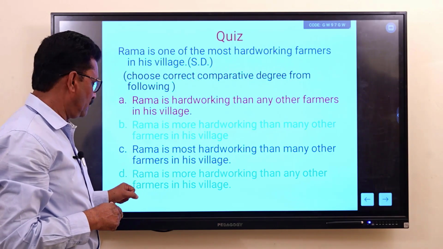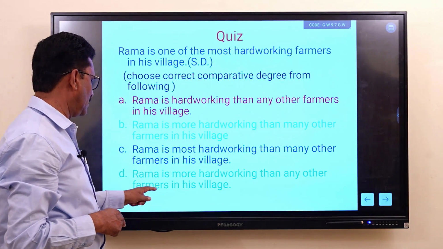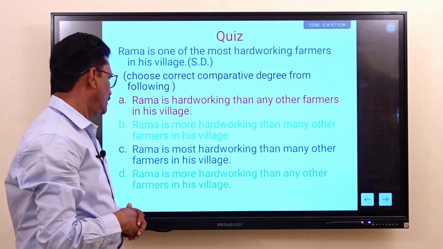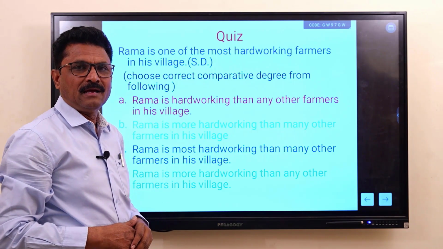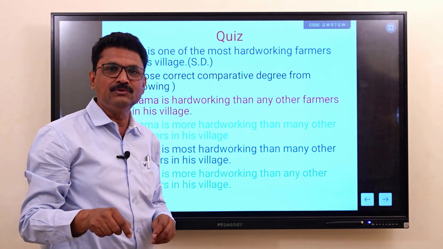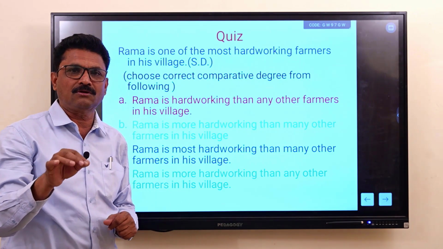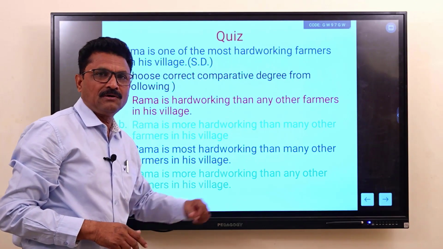So D option, look here. Rama is more hardworking than any other farmers in his village. So than any other. So here is one of the phrase. And if there is one of the phrase in a superlative degree, we can use than many other or than most other in comparative one. That's why this statement is also wrong.